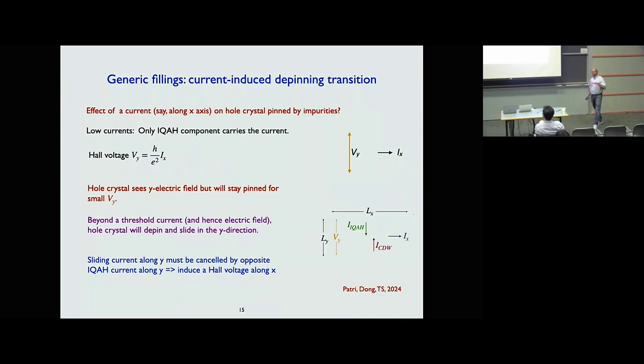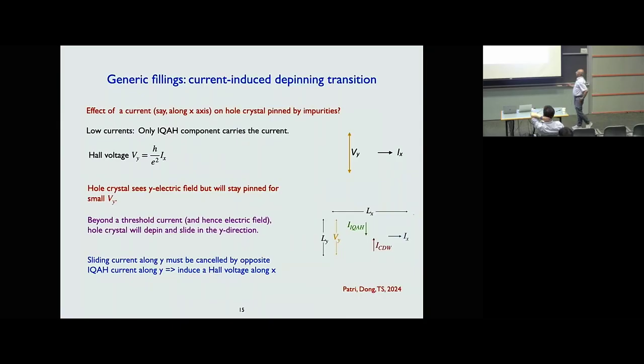Now the crystal, this incommensurate Hall crystal, will feel this y direction electric field. As I increase the current, this electric field will increase, and at low currents it'll stay pinned, but eventually there'll be a threshold, and it'll start sliding in the y direction. Running a current in the x direction, beyond the critical current, it'll start sliding in the y direction.